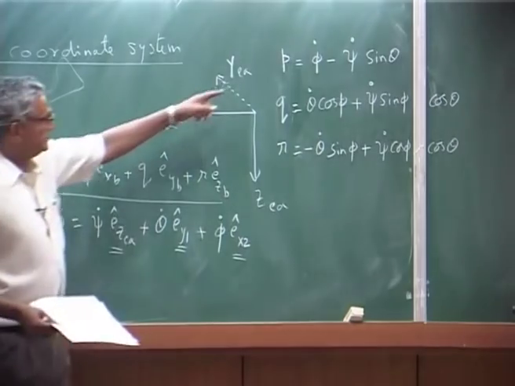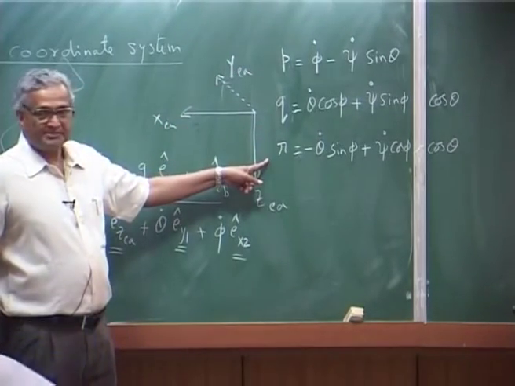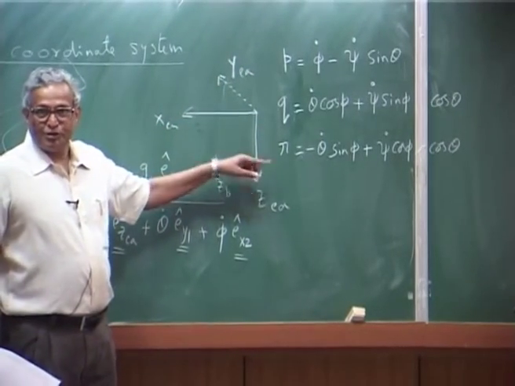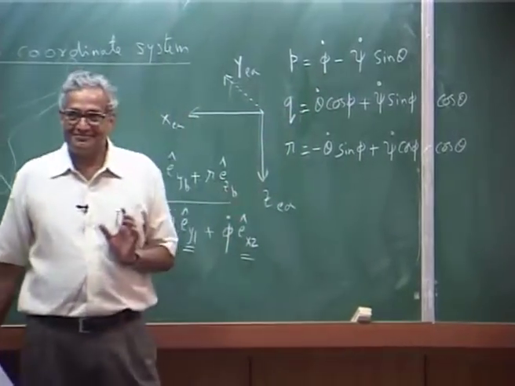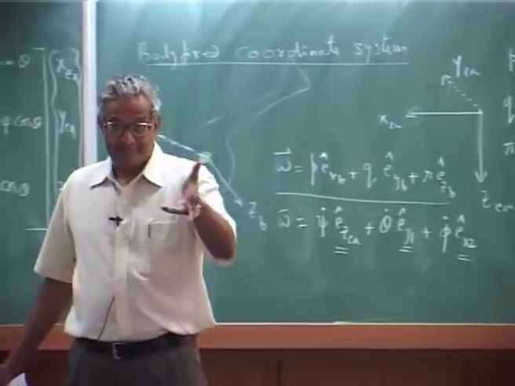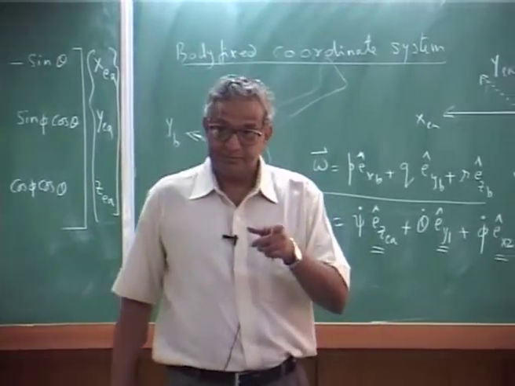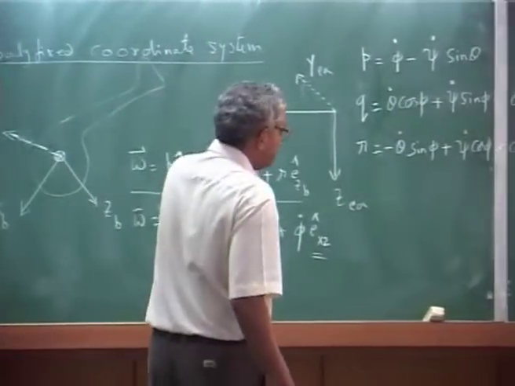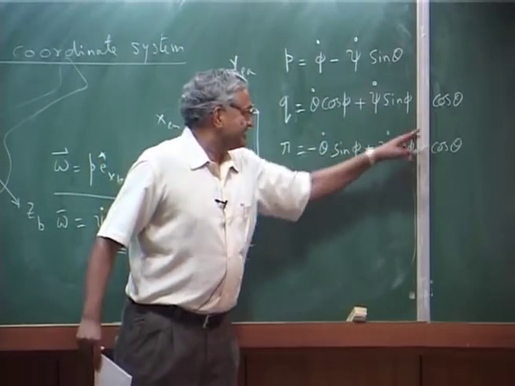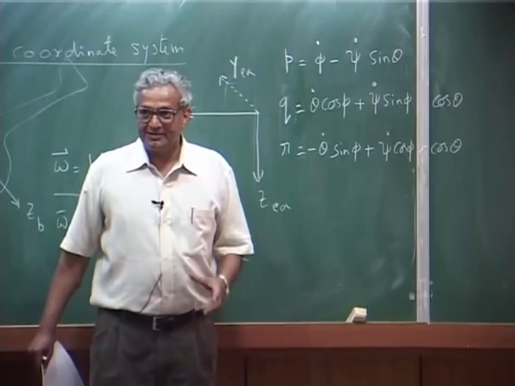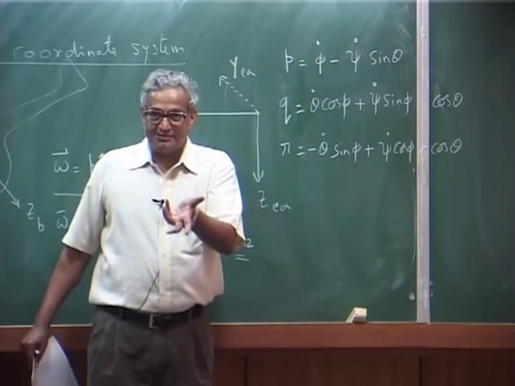instantaneous angular velocity to rate of change of the orientation angle. But please remember this relation also depends on theta and phi. That means you have to solve for the orientation angle.